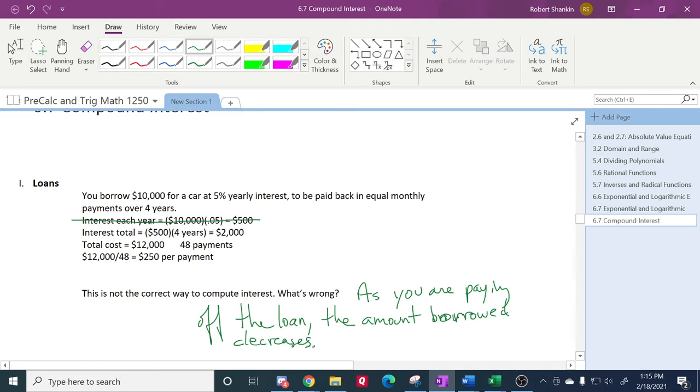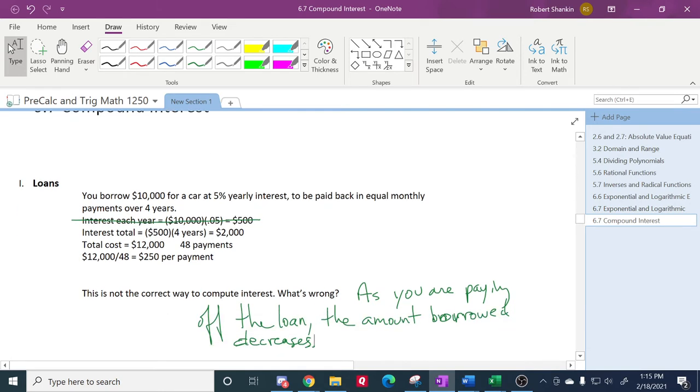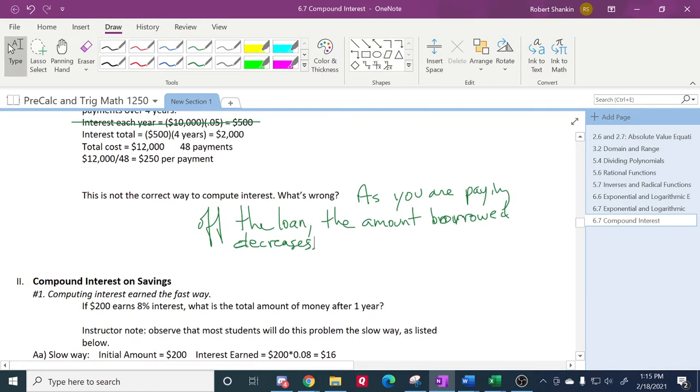Now, usually it's not the first group that I call on that has this one correct, so that's very unusual. All right, we're going to be looking at compound interest, and this was just a thinking question to get us going in this direction.